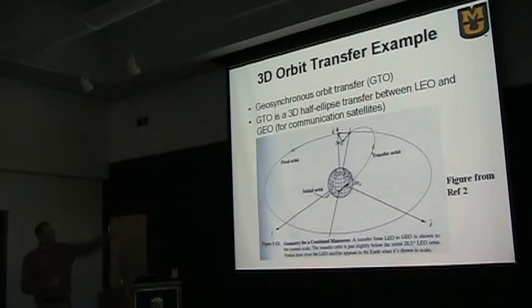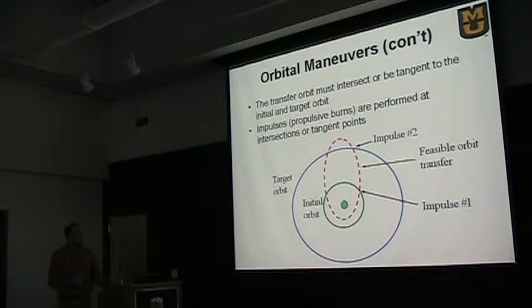And there's two impulses. There's an impulse marked delta V A at the beginning and delta V B to create the circular orbit. So that's how you generally do a transfer, but that's for the case of a chemical propulsion system. A chemical rocket providing a large velocity change.